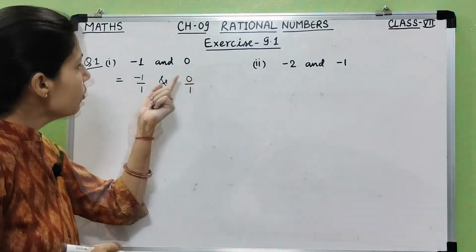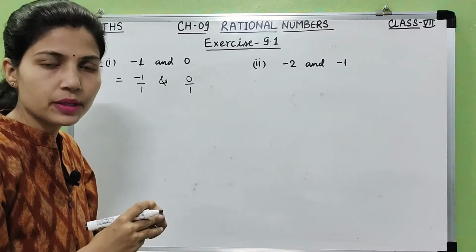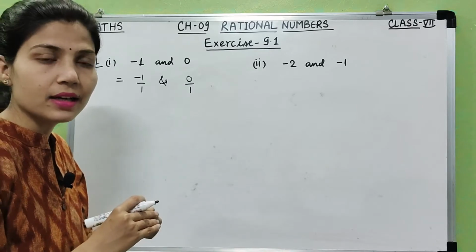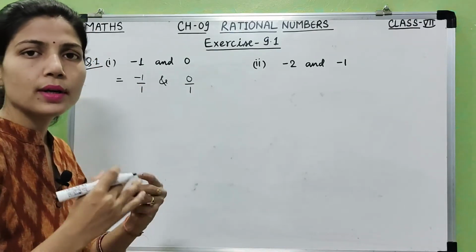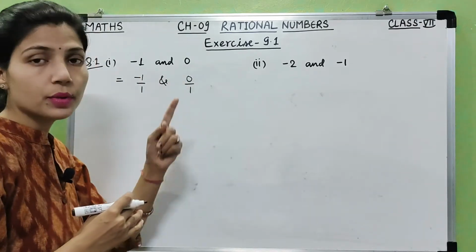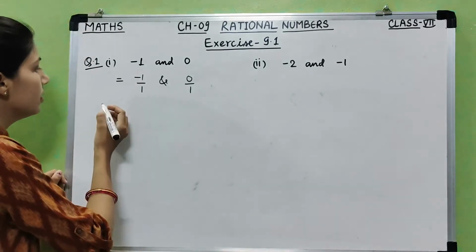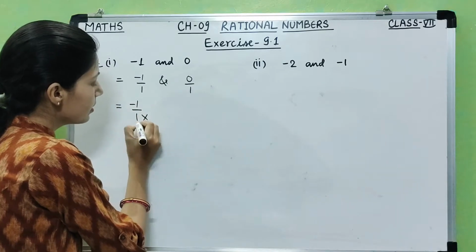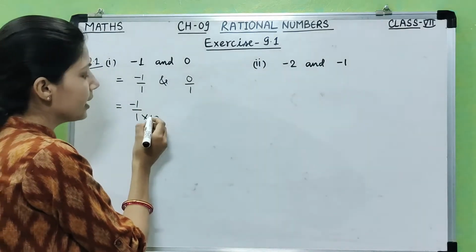Okay, so 0 and -1 दोनों ही इंटीजर कंटिन्यूएशन में हैं, तो इनके बीच में कोई भी नंबर लाई नहीं कर रहा है. इसलिए इन दोनों रैशनल नंबर के हमें ऐसे इक्विवेलेंट रैशनल नंबर फॉर्म करने हैं कि न्यूमरेटर के बीच में नंबर्स का डिफरेंस हो. Okay, so let's multiply by, suppose, 10. Okay, 1 into 10.